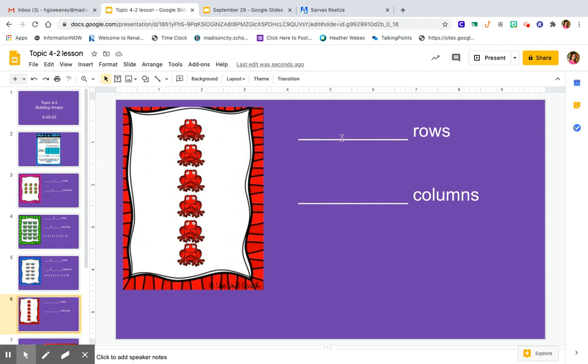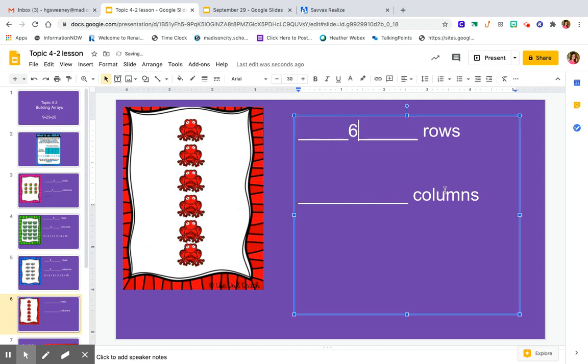All right, how many rows does this have? 1, 2, 3, 4, 5, 6 rows. How many columns? 1. So I'm going to add the number 1 6 times. 1 plus 1 plus 1 plus 1 plus 1.